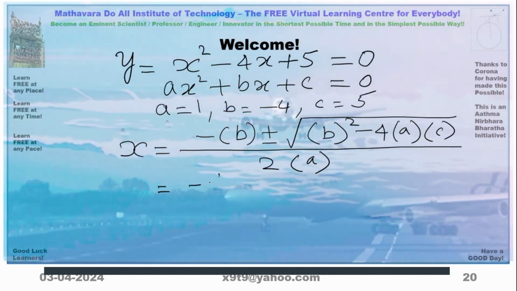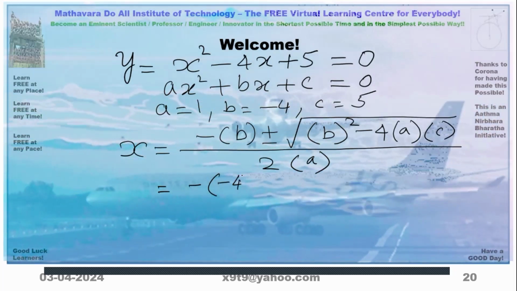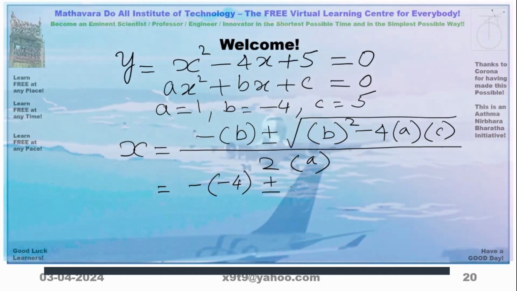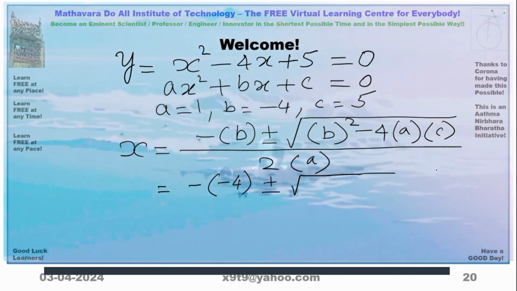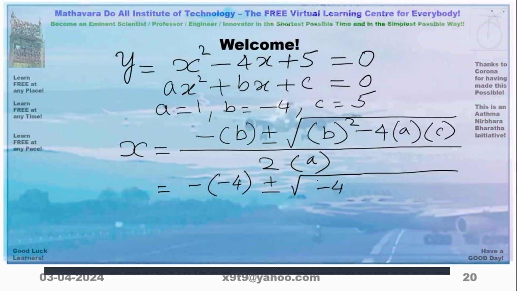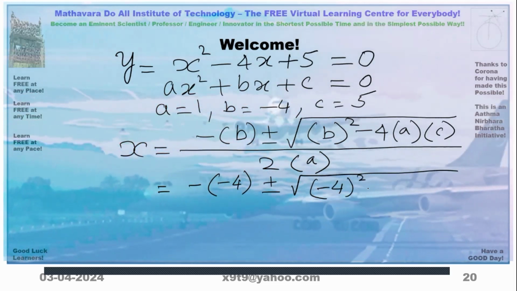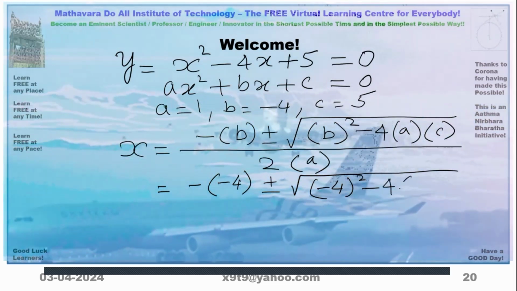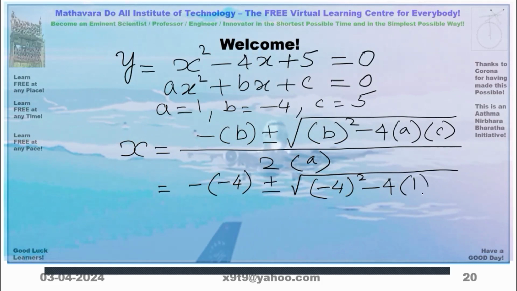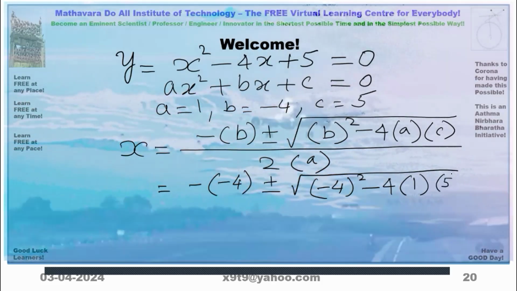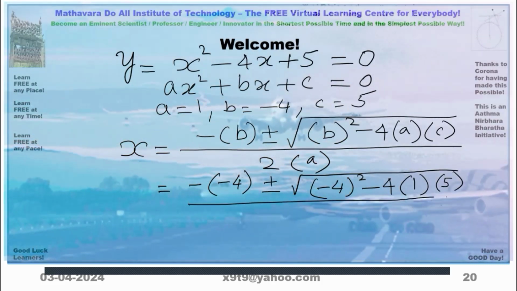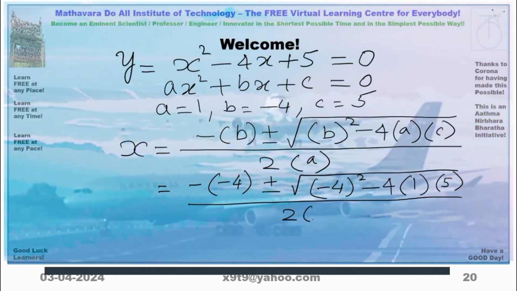So b is minus 4 here, plus minus 4 whole square, minus 4 into a is 1, c is 5, over 2 into 1.